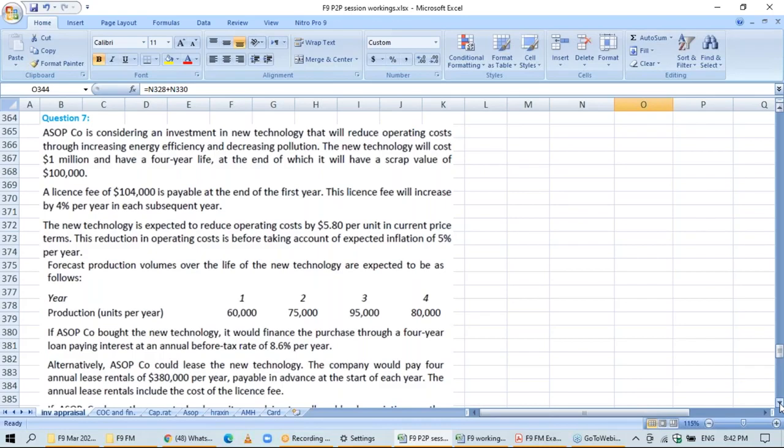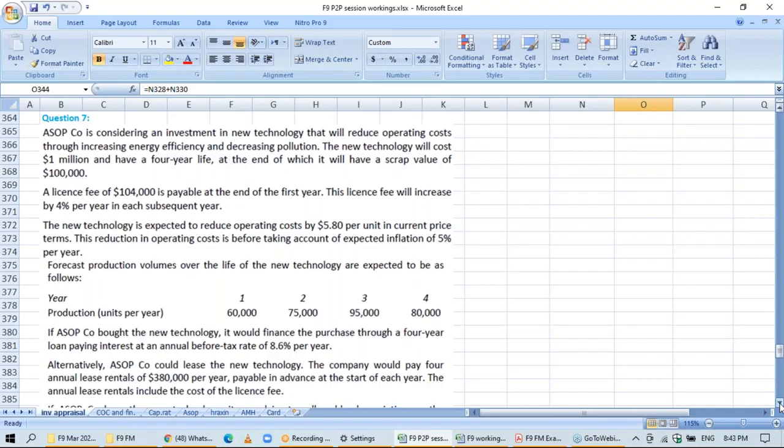Secondly, in case of buying the asset, the lump sum amount will be paid immediately at year zero to purchase and get the ownership. And in case of lease, the payments will occur gradually, on an annual basis. So this will also be a difference. Again, this may result in time value of money differences.